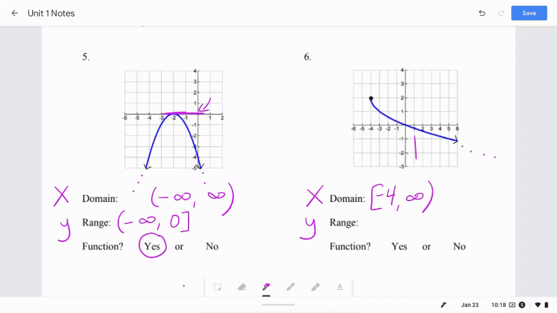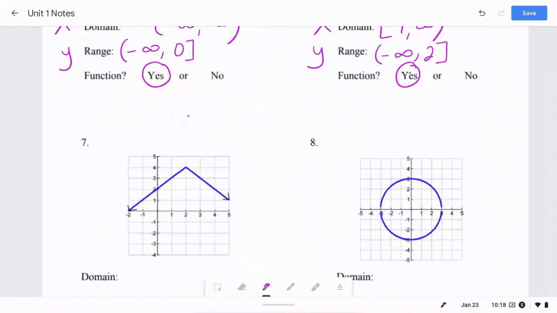So it's technically going forever downwards, which is towards negative infinity. And then how far up is this graph going? It's stopping here at positive 2. And then does this graph pass the vertical line test? Yes, so it would be considered a function. All right, we got 2 more examples left.